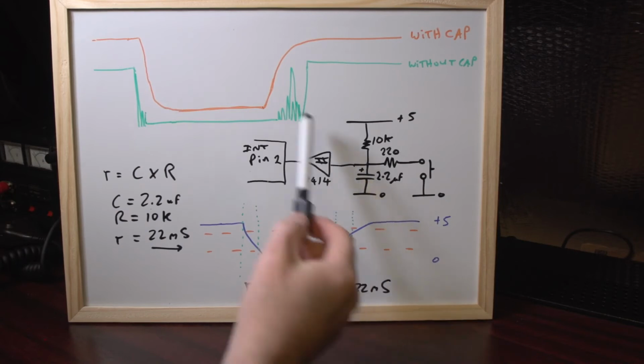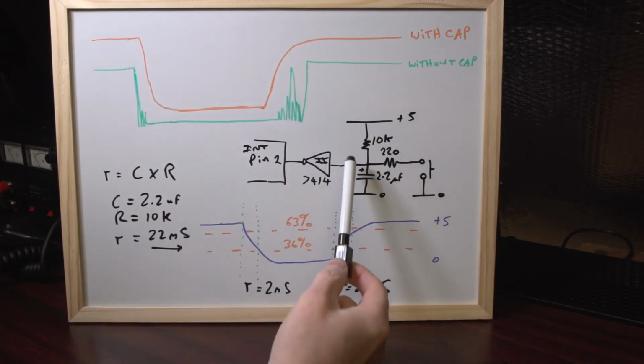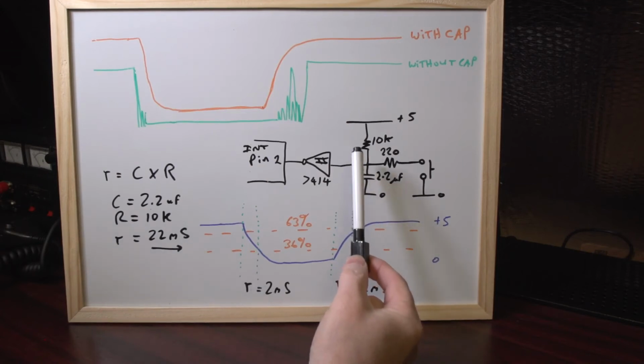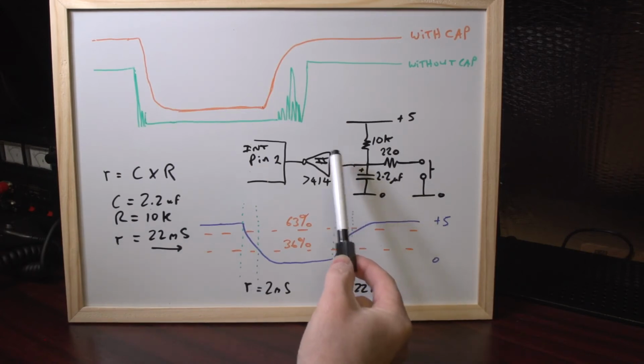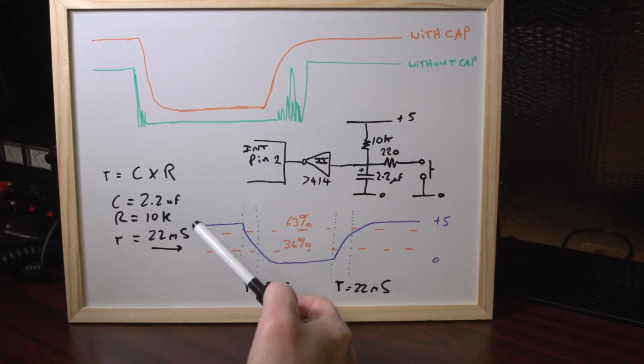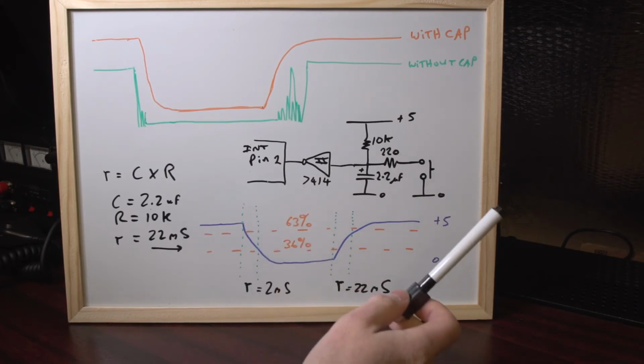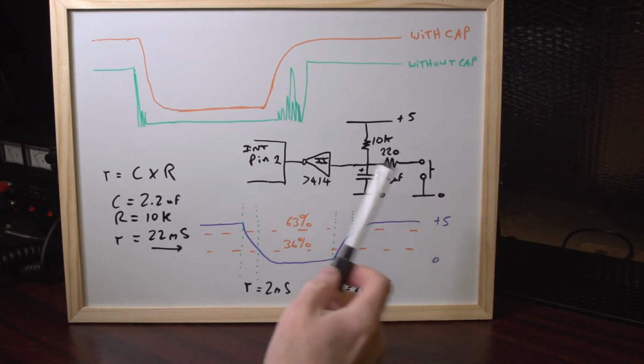So at this point, we're looking at this orange point here, our orange falling and rising edges. You might think, well, why can't we just put that straight into the interrupt input pin of the Arduino? There are a couple of reasons, and one reason is noise.